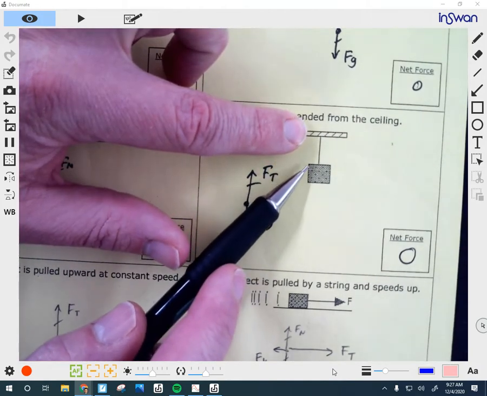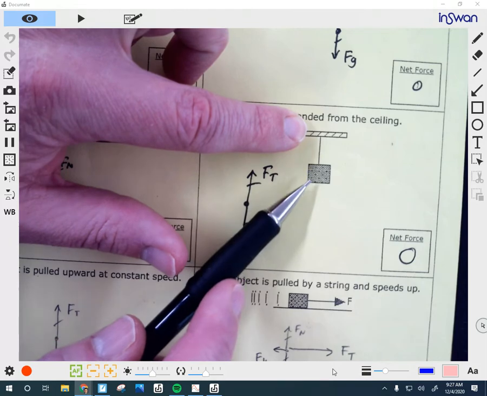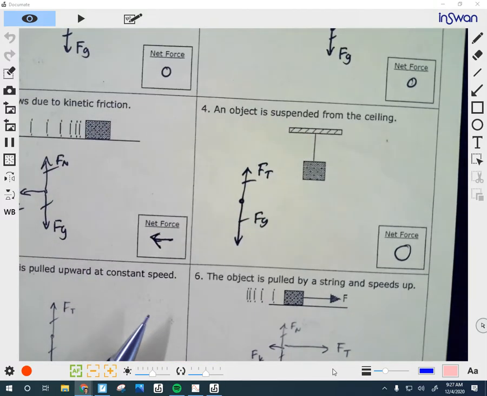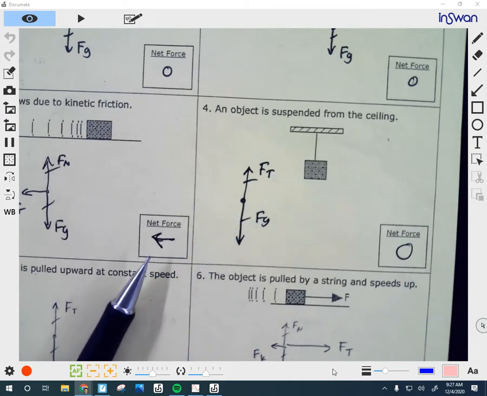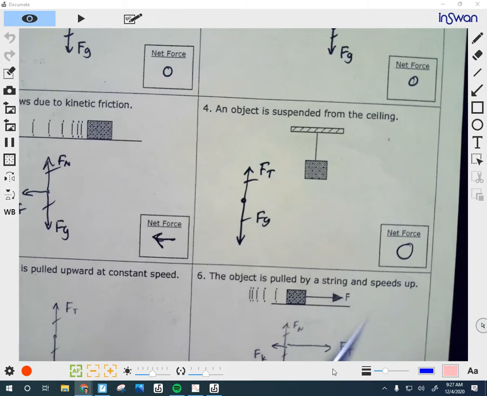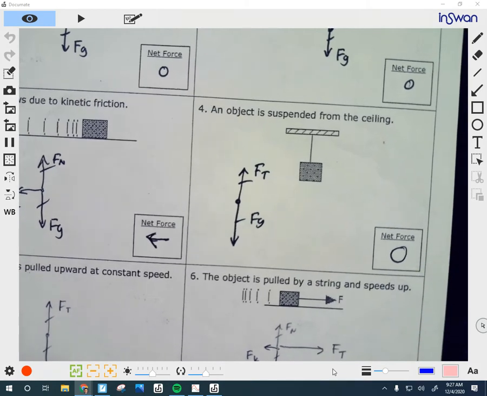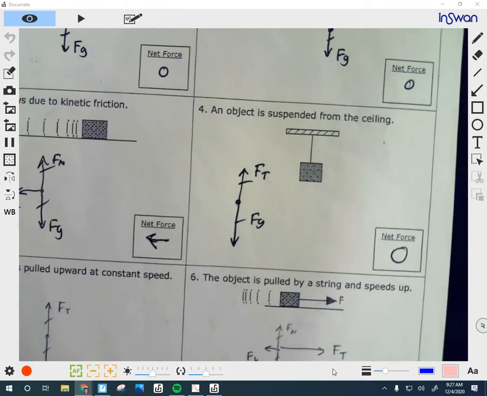This string or cable would be getting stretched, and just like a spring that's stretched, it would exert some force back. So it's not that the rope or cable knows exactly how much force to exert. It just stretches to a stretch amount that will balance gravity. So net force of 0, again, acceleration 0.